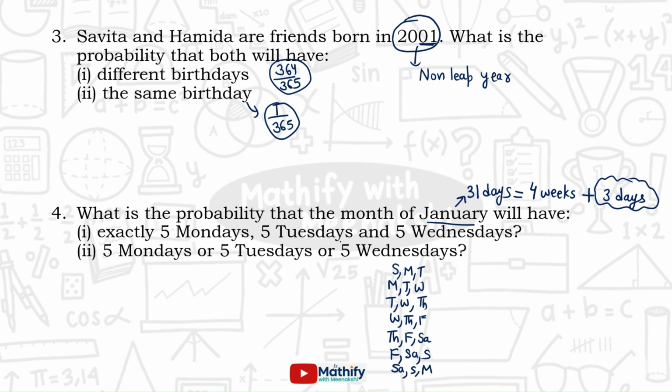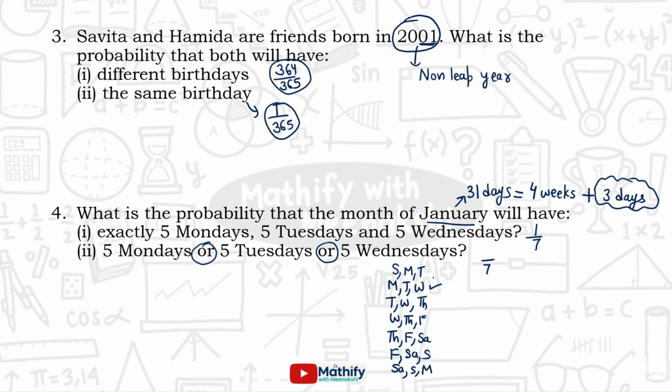Now, first part, exactly 5 Mondays, 5 Tuesdays and 5 Wednesdays. That means the 3 days that we're left with need to be Monday, Tuesday and Wednesday. So that's only one combination, and the answer is 1/7, as in total we have 7 possibilities. Now for the other part, either 5 Mondays or 5 Tuesdays or 5 Wednesdays, any one.